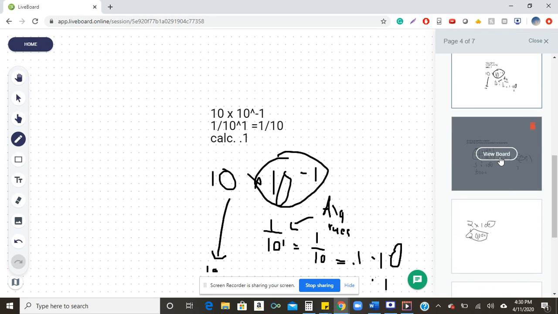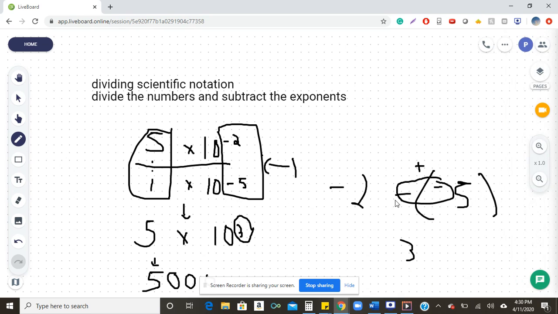Okay, so next we have dividing with scientific notation. So we are going to be dividing the numbers and subtracting the exponents. Those are the two rules that we have to follow here.